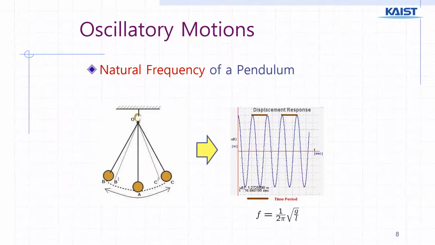Once again, when length is longer, the period of the clock is longer, the traveling cycle is longer. That means frequency is lower, T is higher. So length and frequency and period are in a reverse relationship.